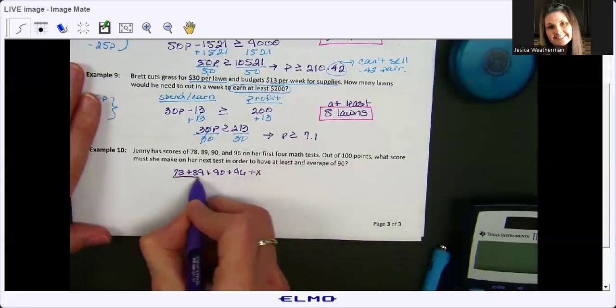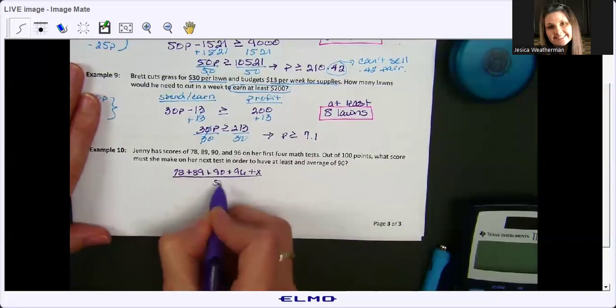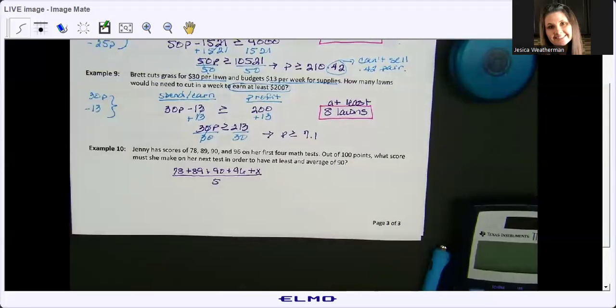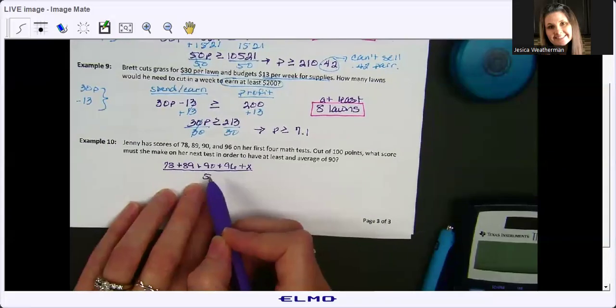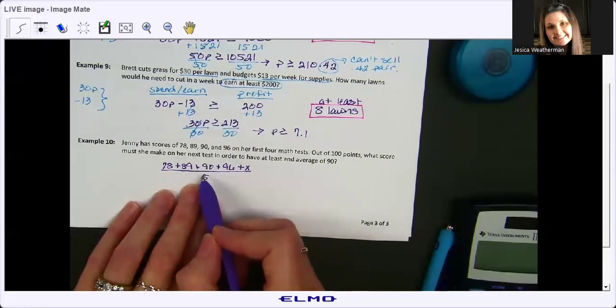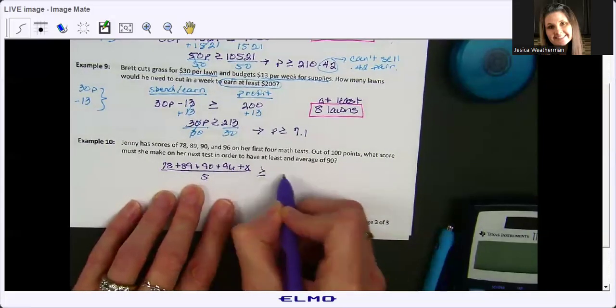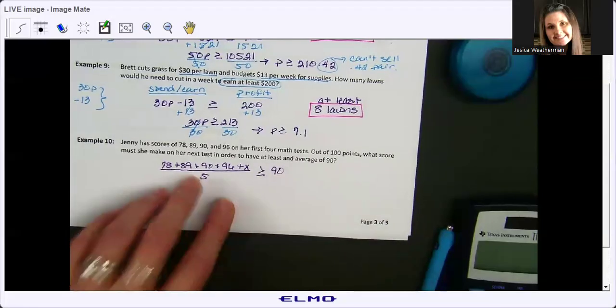You have to divide all of this by 5. However, how much does she want to make? At least 90. So this has to be greater than or equal to 90 in order to make at least 90. All right.